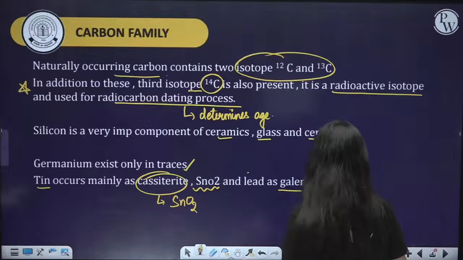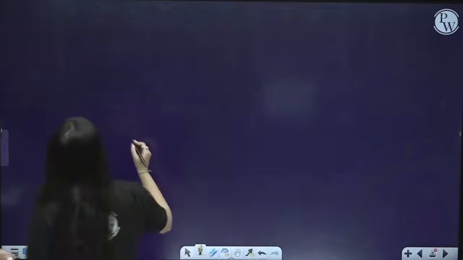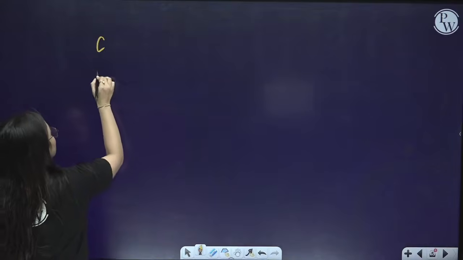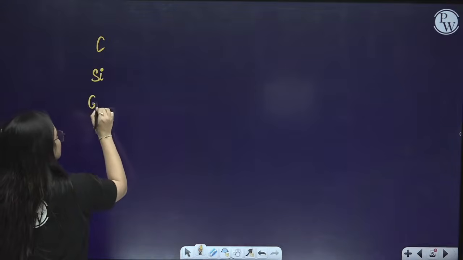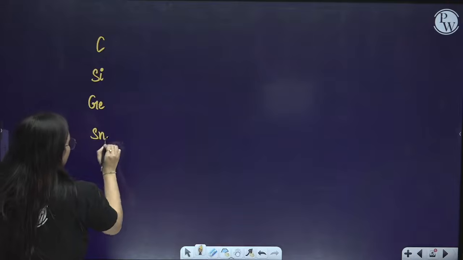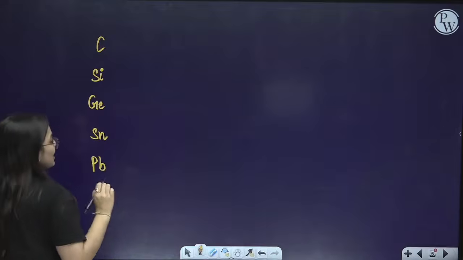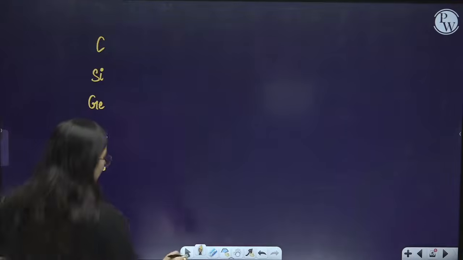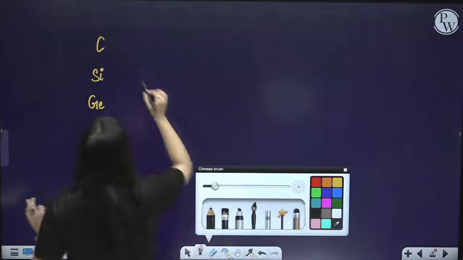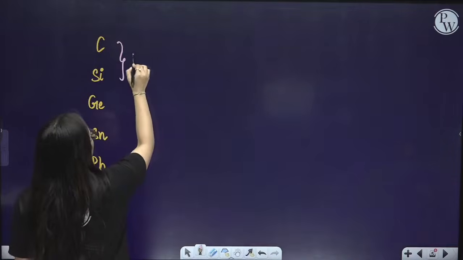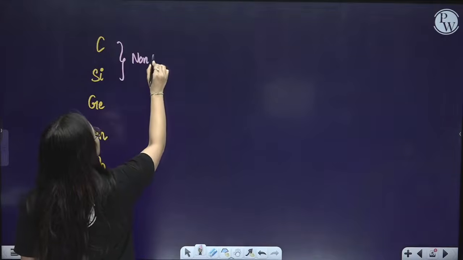But before the electronic configuration, let's talk about which is a metal, which is a non-metal, and which is a metalloid. So students, if I write carbon family, carbon, silicon, germanium, tin and lead over here, let me tell you very clearly that carbon and silicon, they both are non-metals.